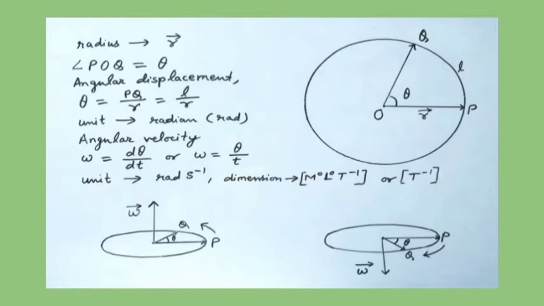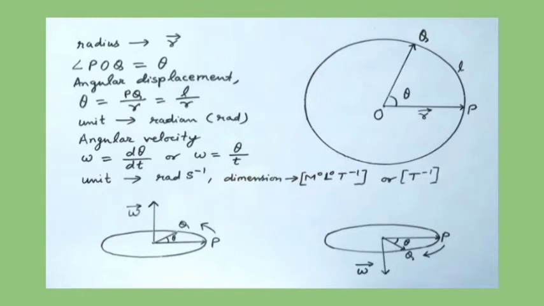Now, angular velocity. Angular velocity of an object in circular motion is defined as the time rate of change of its angular displacement. It is denoted by omega, and thus omega is equal to d theta by dt, or simply theta by t.